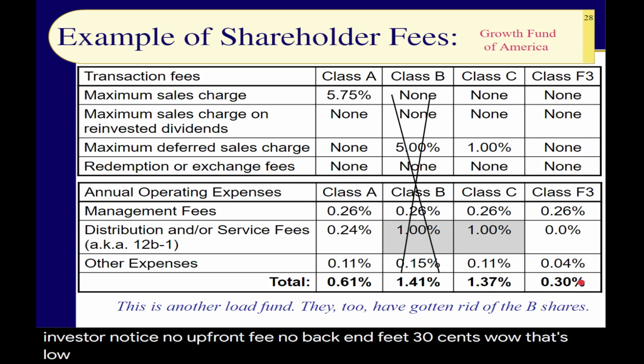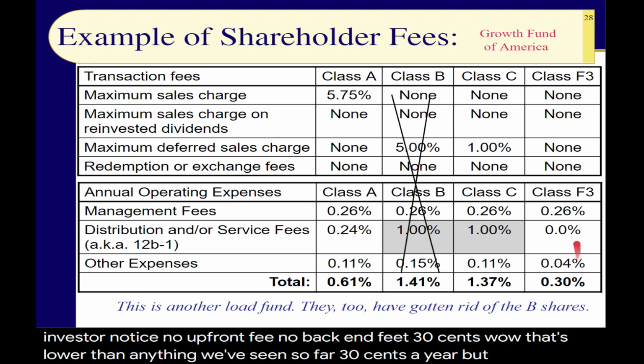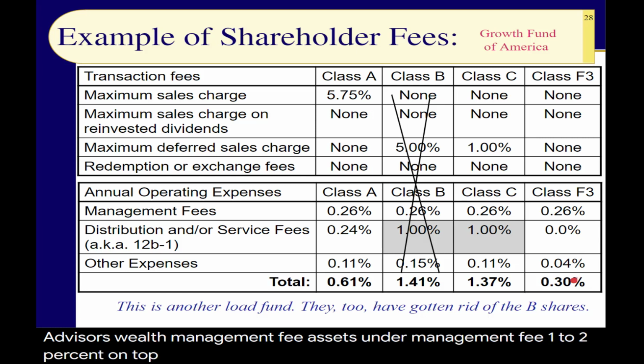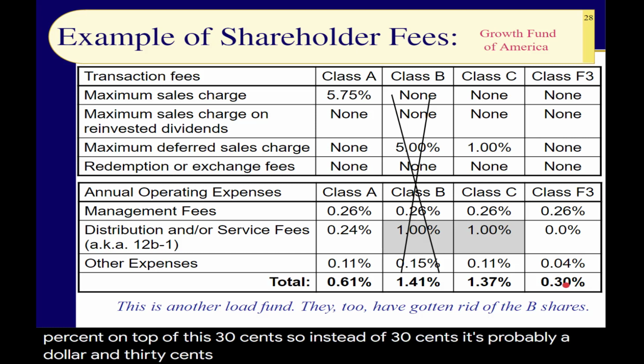Wow, that's lower than anything we've seen so far. 30 cents a year. But what we're not seeing is the advisor's wealth management fee, the assets under management fee, 1% to 2% on top of this 30 cents. So instead of 30 cents, it's probably $1.30 or $2.30.